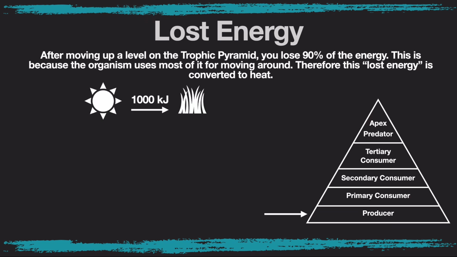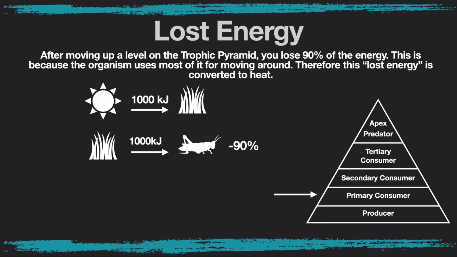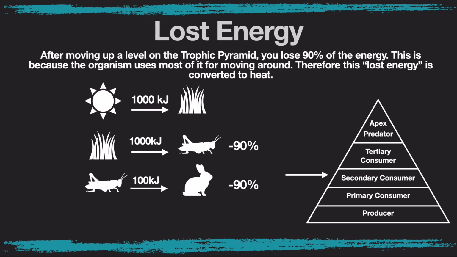Let me show you. Let's just pretend the sun gives 1,000 kilojoules of energy to this grass, and then a grasshopper comes along and eats some of that grass. So now this grasshopper has 1,000 kilojoules of energy in it. Now, let's say a rabbit came along and ate that grasshopper.